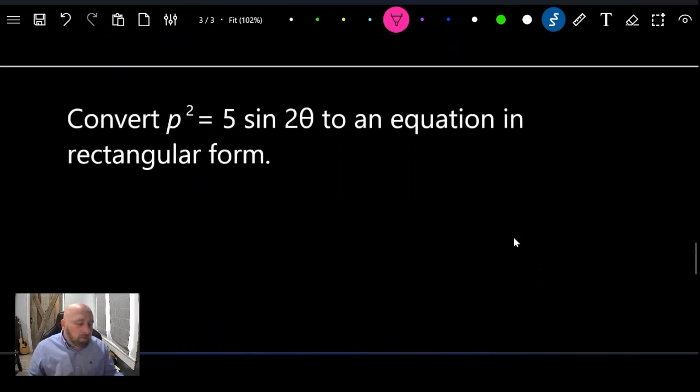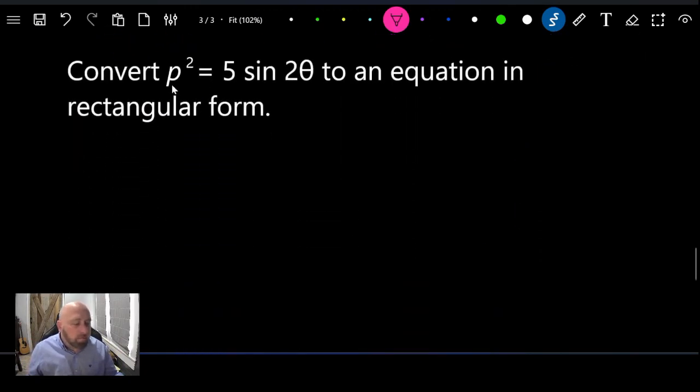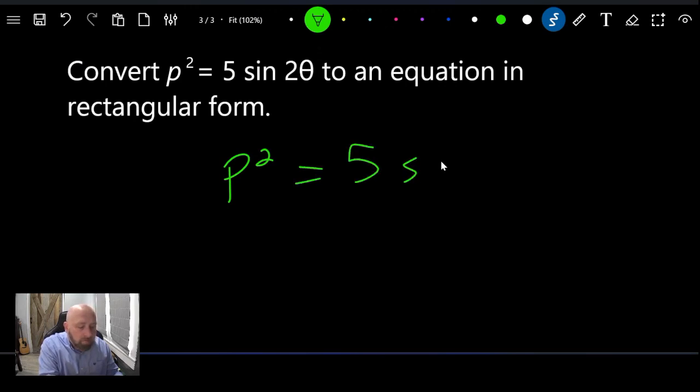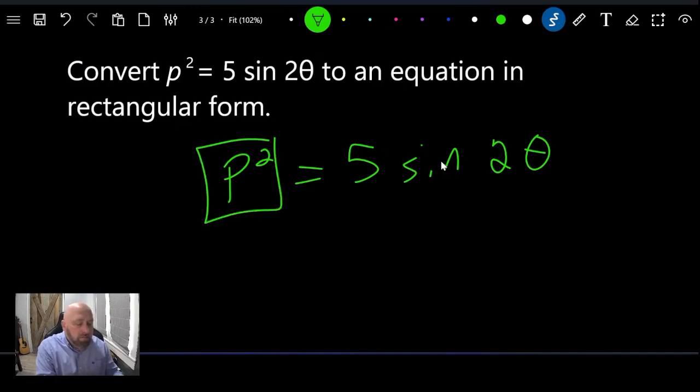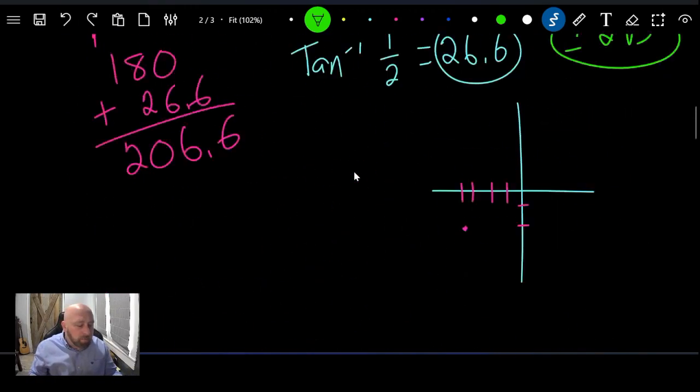Last thing that we want to do in this lesson is convert rho squared equals 5 sine 2 theta to an equation in rectangular form. Now we're subbing x and y in for rho and things like that. First thing I see is a rho squared up there from our formula.